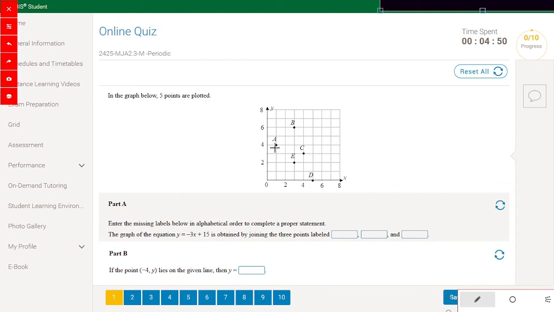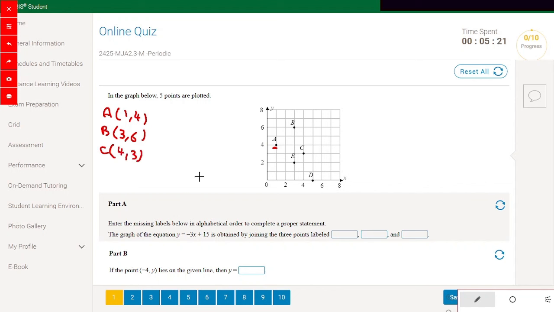So point A, the coordinates for point A: x is 1 and y is 4. B is 3 and 6. Now C, 4 and 3.